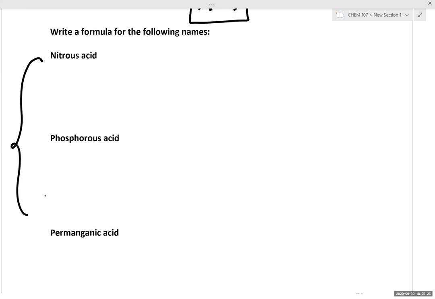Let's get a reasonable pool of responses before we discuss. If you have any questions on nomenclature associated with polyatomic acids, don't be shy to ask.